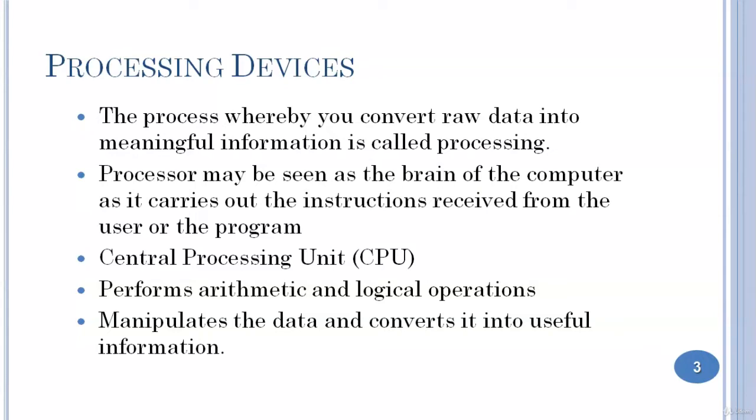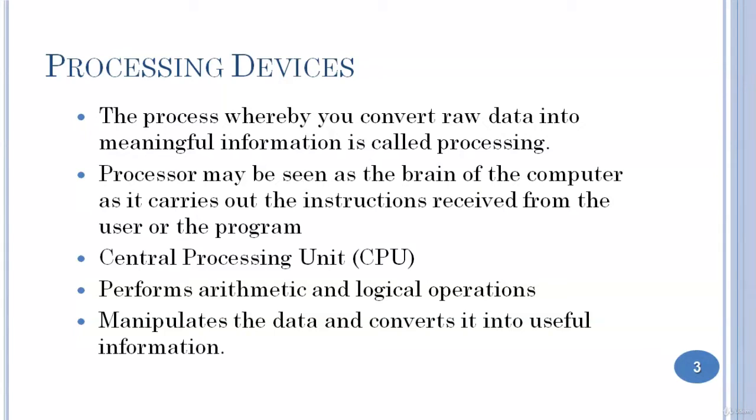Processor may be called the brain of the computer as it carries out the instructions received from the user or the program. A processor is also referred to as a central processing unit or the CPU.